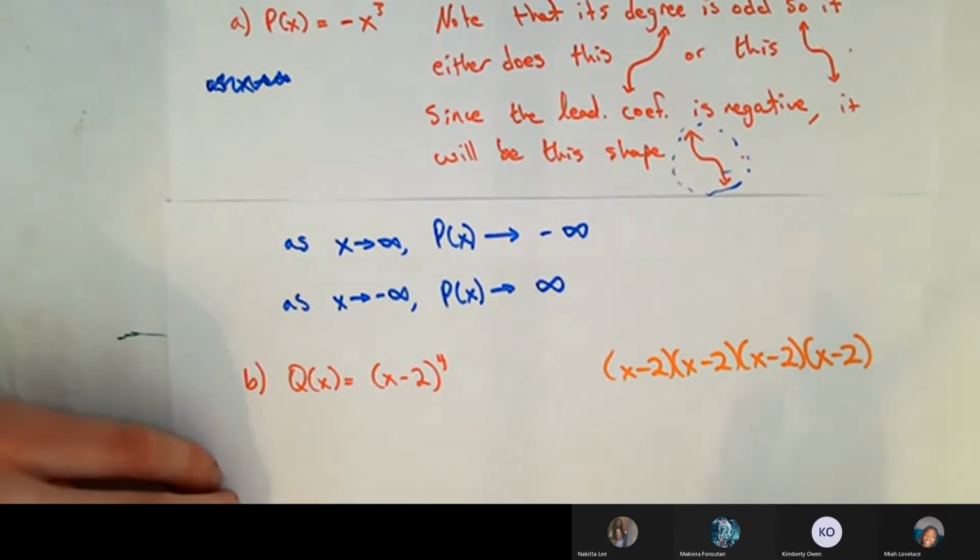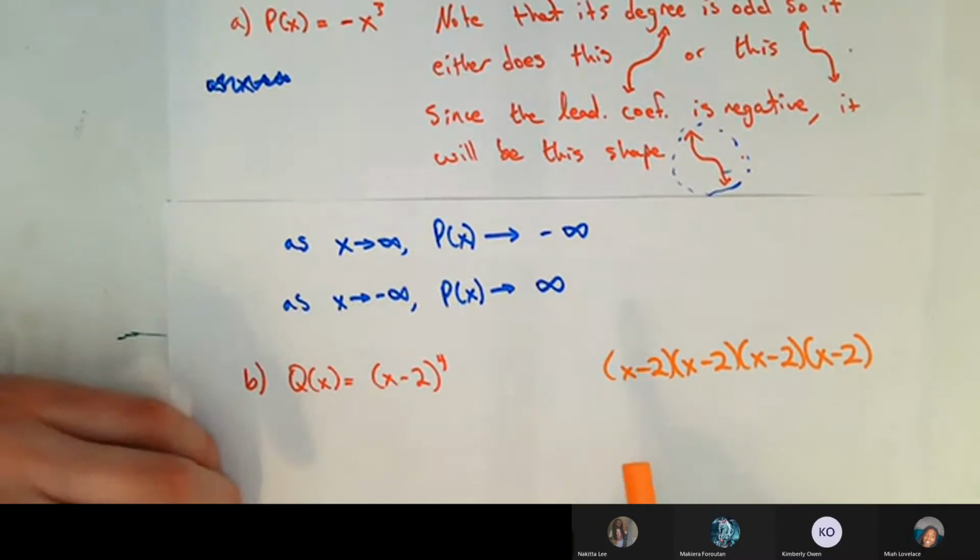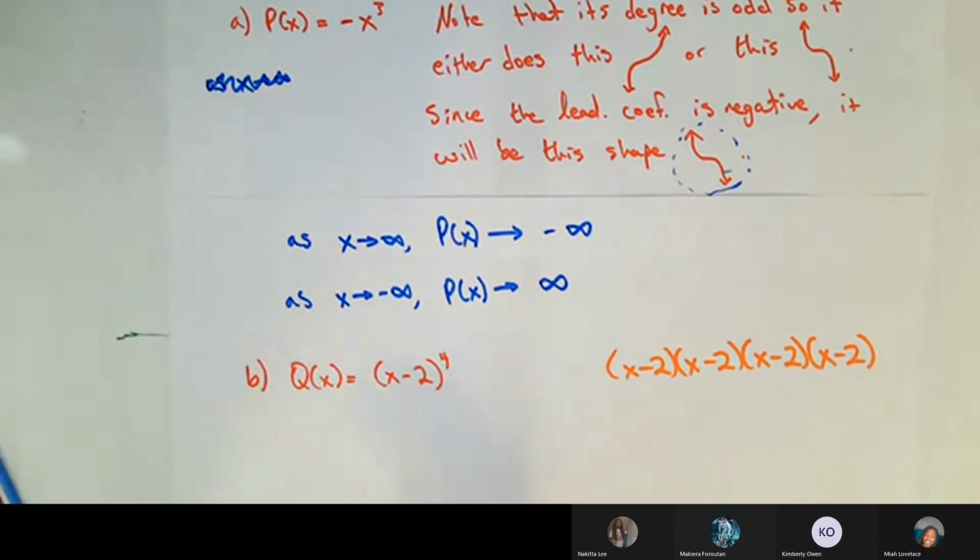You can only imagine how long this would take. But we know from last time that we don't actually have to multiply the whole thing out to get that leading term.